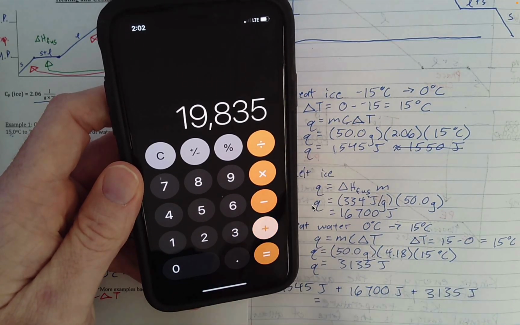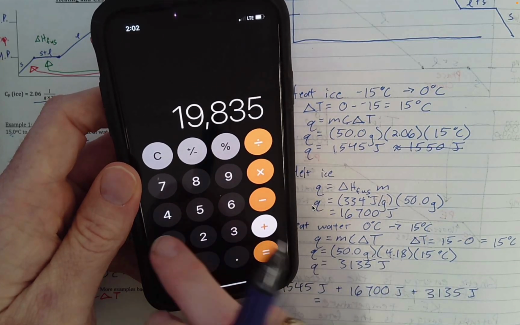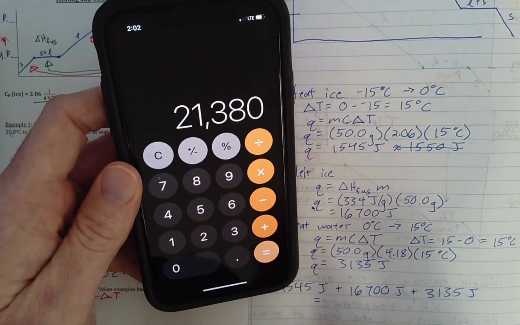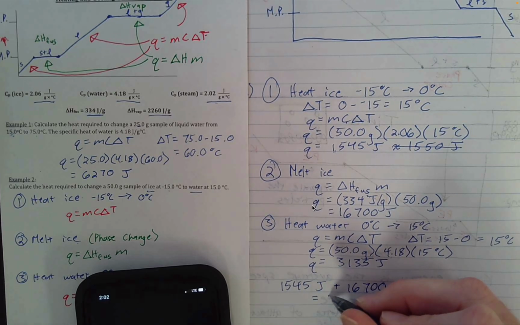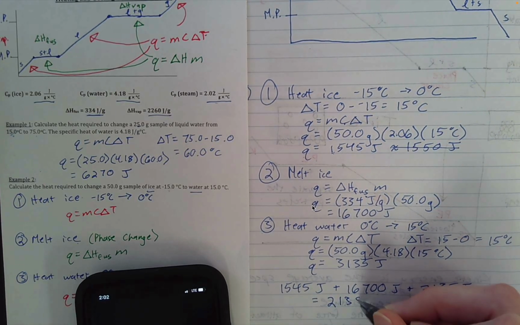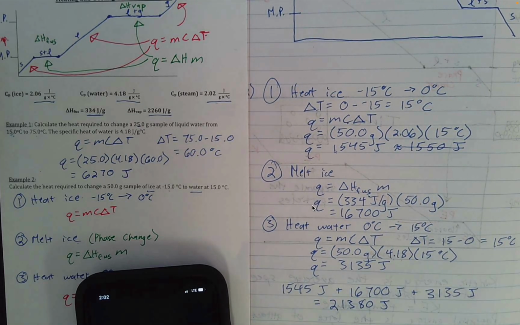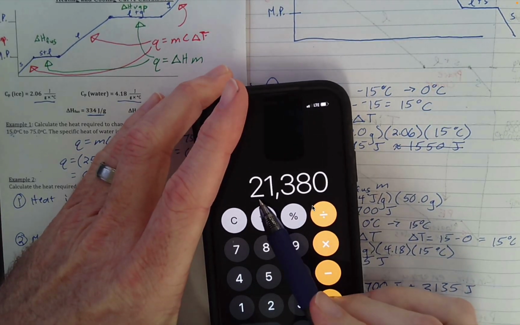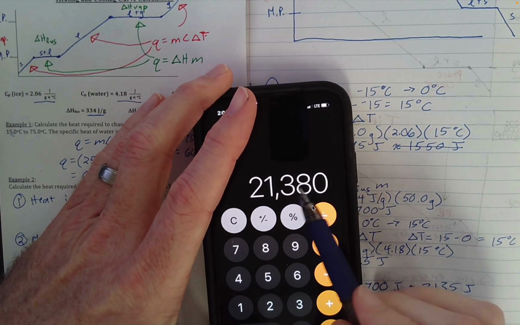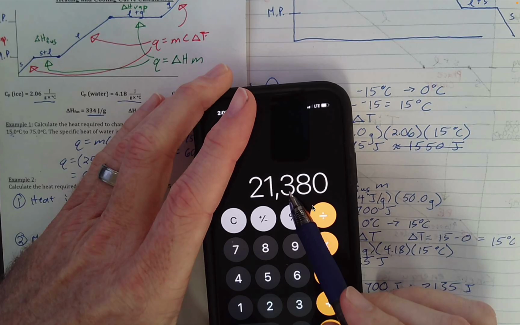16,700 plus 1,545 plus 3,135. It equals, and so we get our final number, 21,380 joules. And now we'll round to 3 sig figs. So the first 3 sig figs, 2, 1, and then the 3. The 8 is going to round the 3 up to a 4.